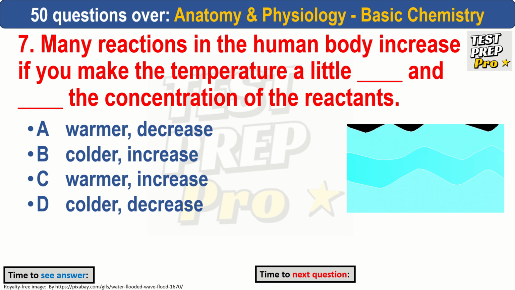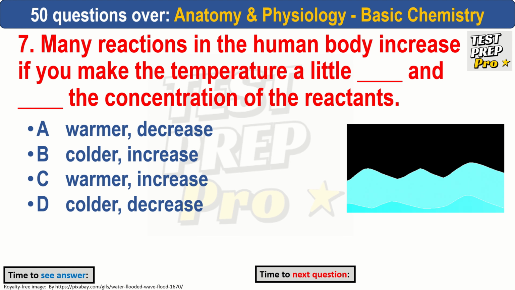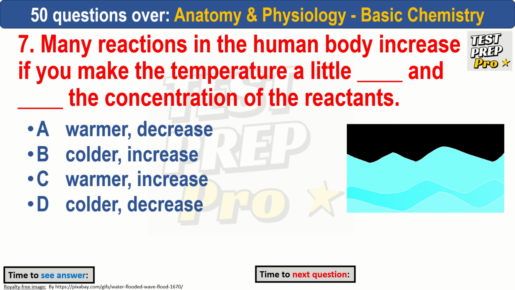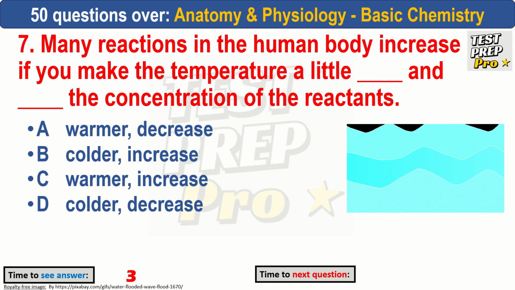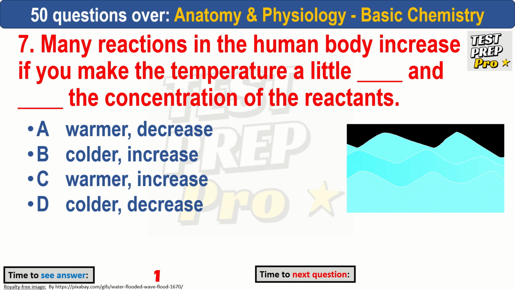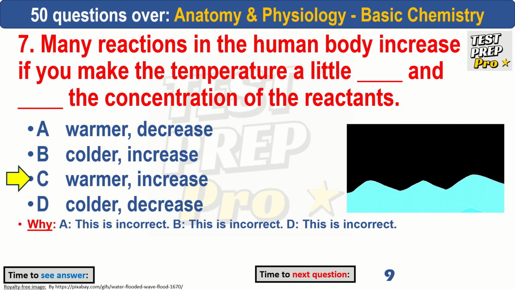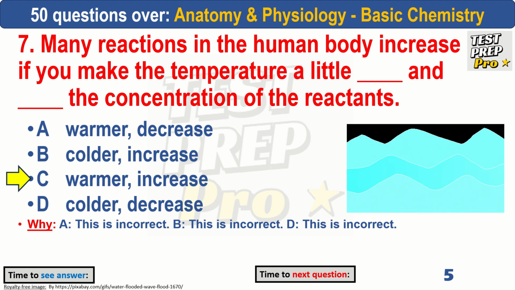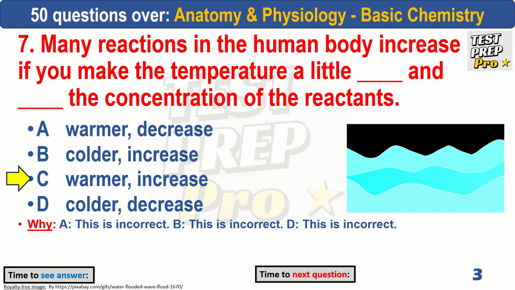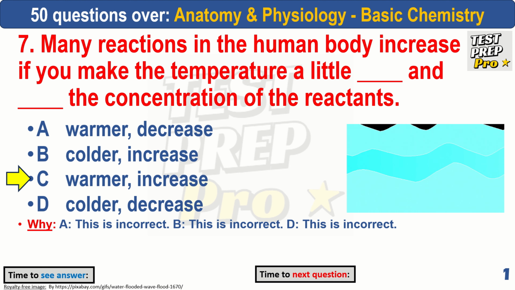Option C is you make it warmer and you increase the concentration of reactants. And option D is you make it colder and you decrease the concentration of the reactants. The answer is C. You want to heat up the basic chemical reaction a little bit and increase the number of reactants to speed up the reaction process.